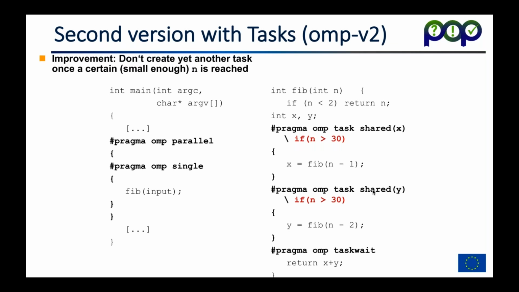Okay, so if you do this in your Fibonacci example, like shown here, let's stop creating tasks at a level of n equals 30, and then just not create the very tiny tasks at the end of the Fibonacci calculation. And then you can reduce the overhead, of course.